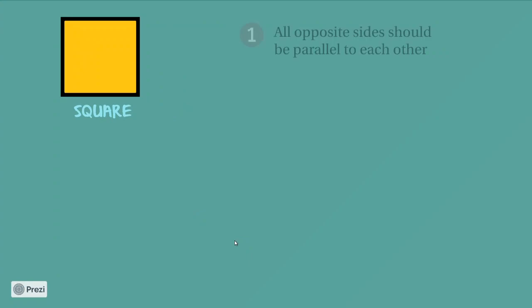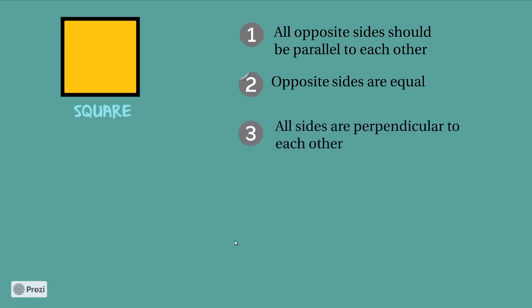In a square, all opposite sides should be parallel to each other, same as last time. All opposite sides are equal, all sides are perpendicular to each other, exactly like a rectangle. But not just opposite sides are equal, all sides are equal. That is the feature of a square.